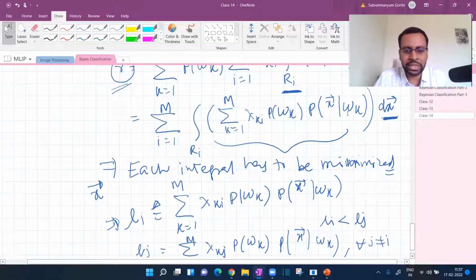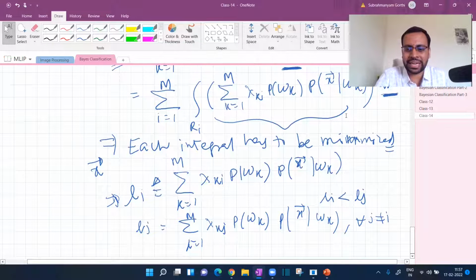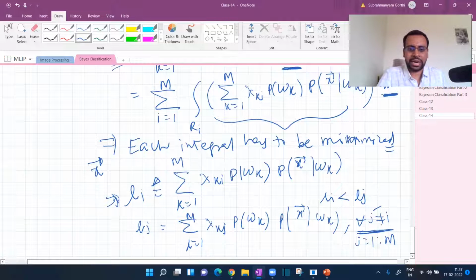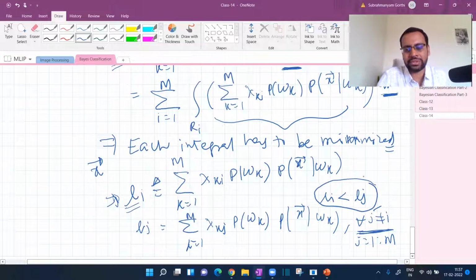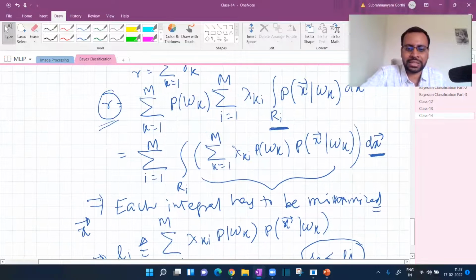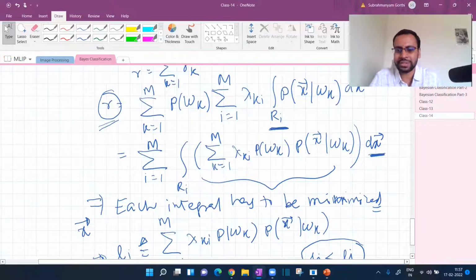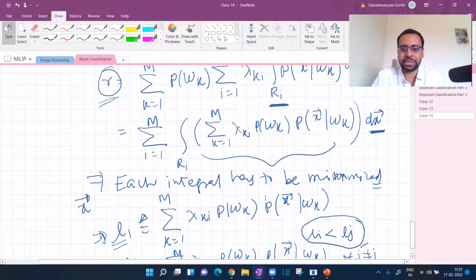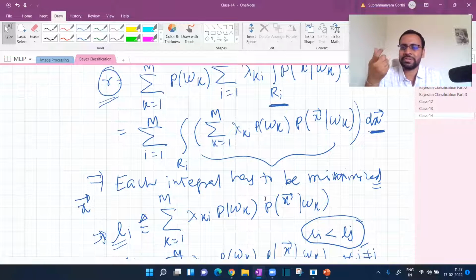Now, if you assign it to any other class other than this i, all other classes you are indicating by j. j can take all values from 1 to m except i. And choose an i such that Li is less than Lj. So to put it in simple terms, you compute this expression, that summation, assuming each value of i, and select that value of i for which it is minimum.